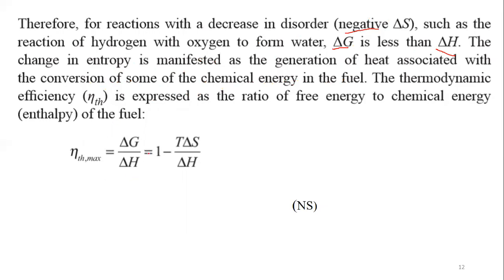The thermodynamic efficiency is given by delta G by delta H. You know the value of delta G, that is delta H minus T delta S. If you put that in and divide every term by delta H, you get this one. That is the final thermodynamic efficiency.